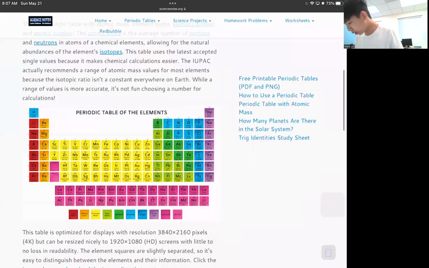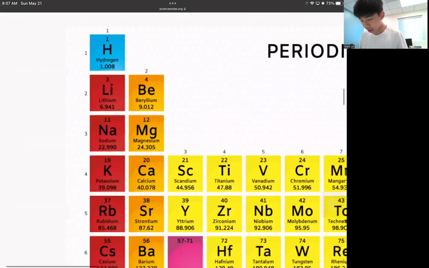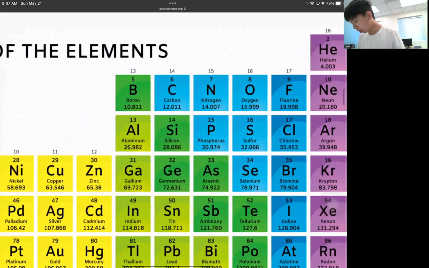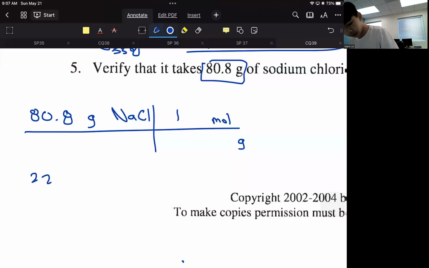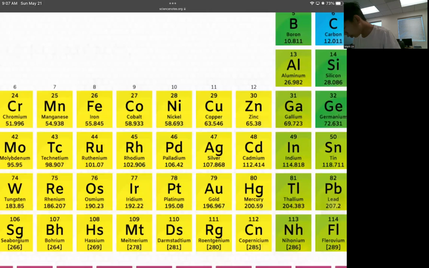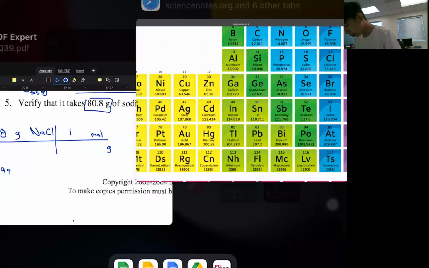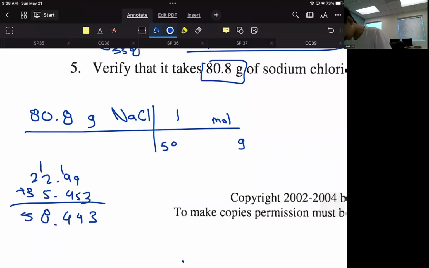Okay, Na is right here, it's 22.99, and then Cl is 35.453. So 22.99 plus 35.453 gives us 58.443. So the mole something, I forget what it's called, is 58.443.